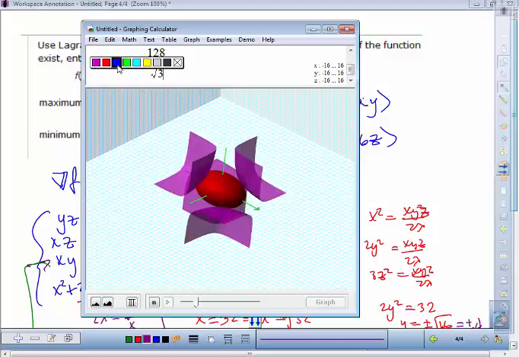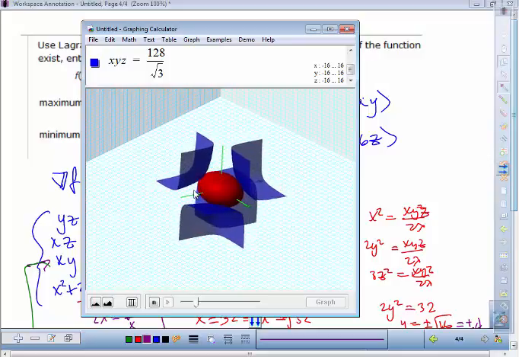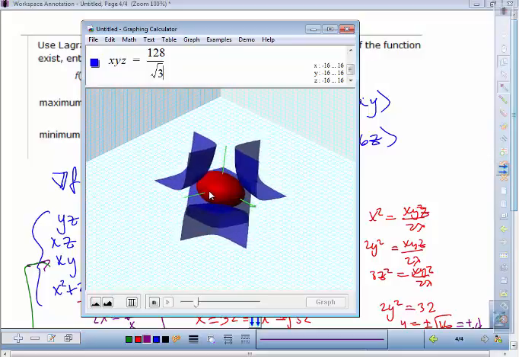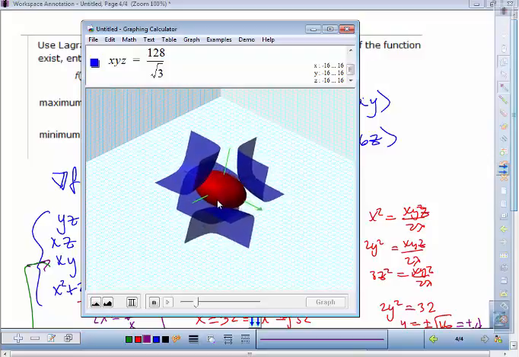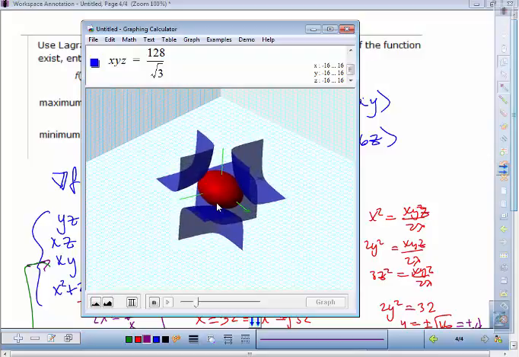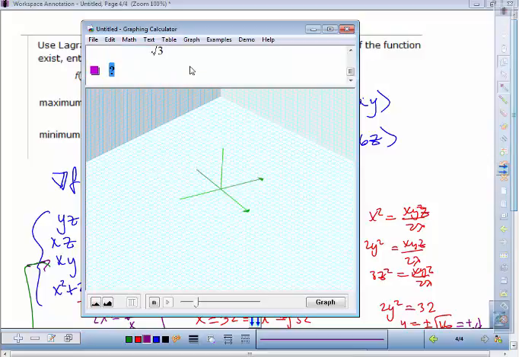Let's put this in blue. And it looks like it's tangent to the surface at a couple of different places, right? But these are only the places where it's a maximum. So just to graphically confuse things a little bit, the minimums happen when it's negative.